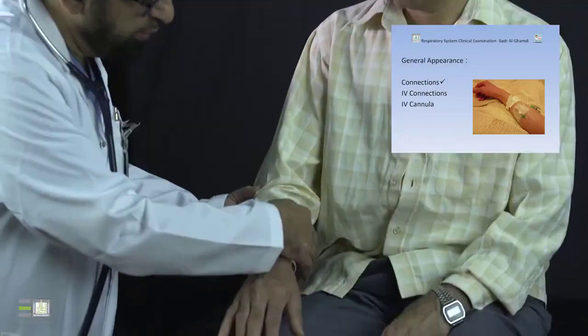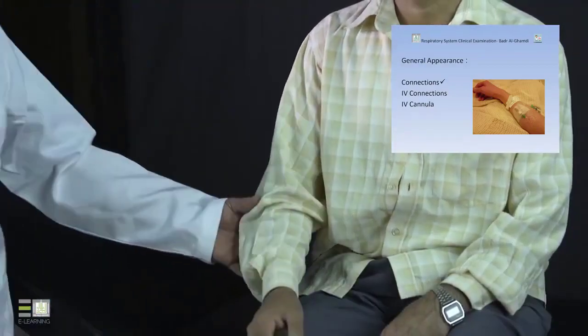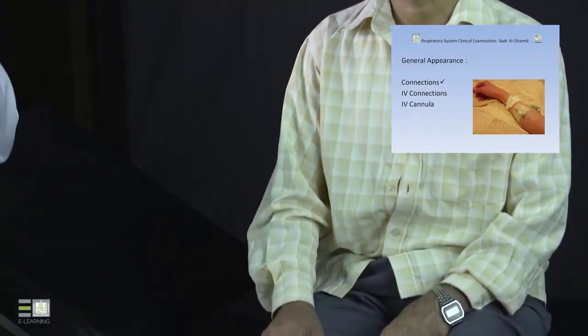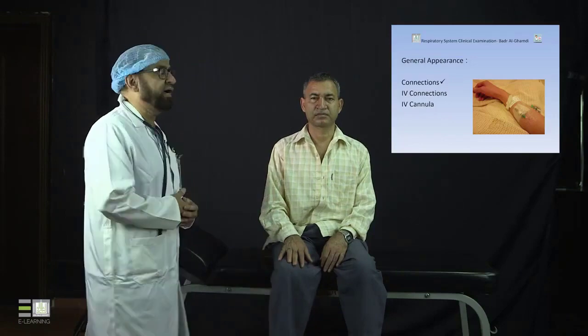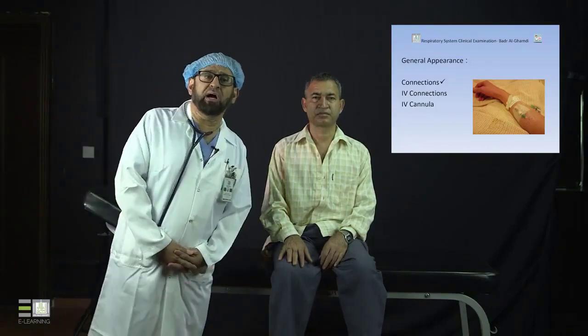The first one is the slide that you see there, which is the IV cannula, which is just a simple cannula that will usually be inserted in one of the peripheral veins. The cannula can be connected to an IV set or can be left in place. Some patients will have just an IV cannula without connection to an IV set, and others will have an IV set, as you see in the slide there.